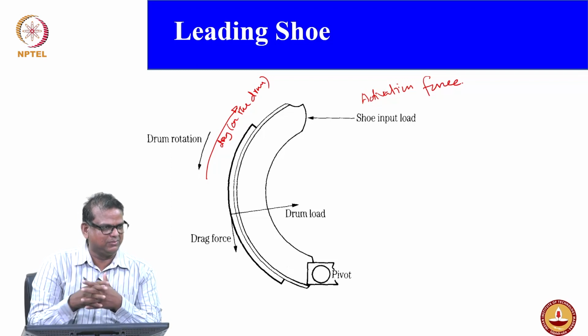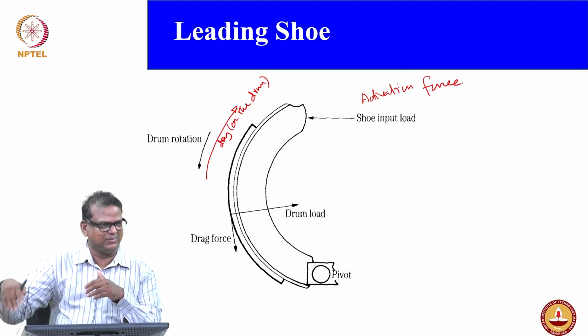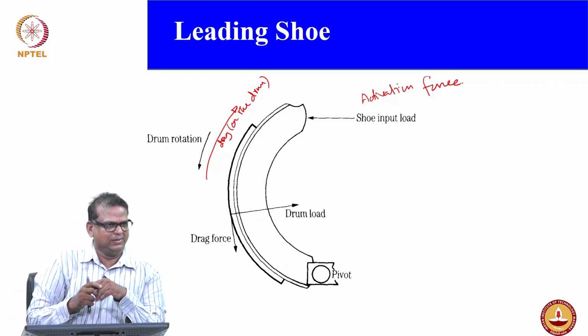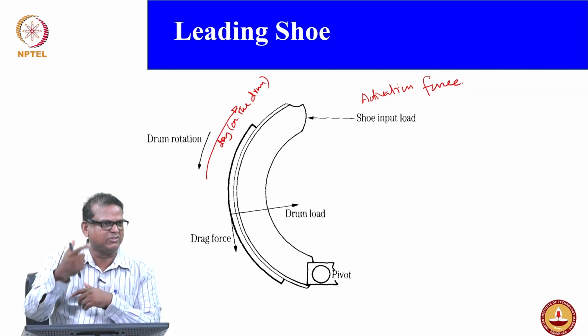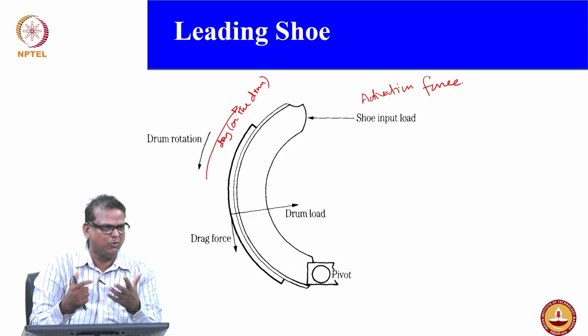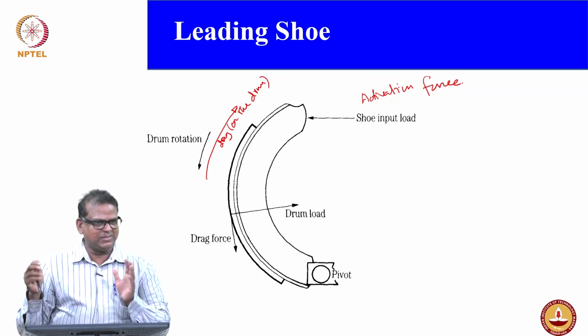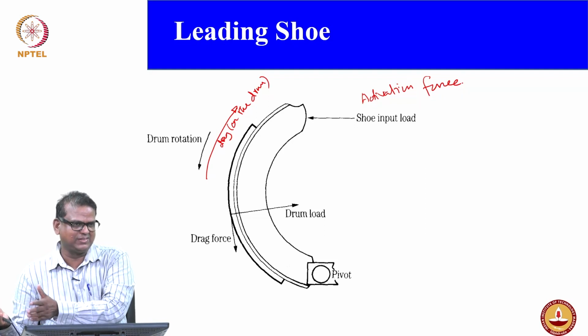Maybe I'll give another example. You are moving on the road, and your friend is also moving on the road in the same direction. Which is easier: pulling him back if he is moving in the same direction, or in the opposite direction? In the opposite direction you need more force to stop him, whereas in the same direction the effort will be very little.